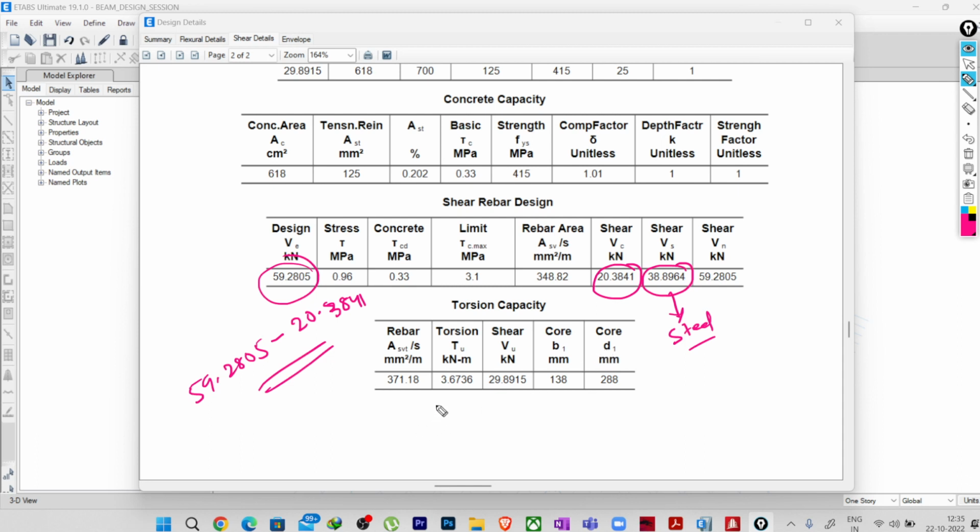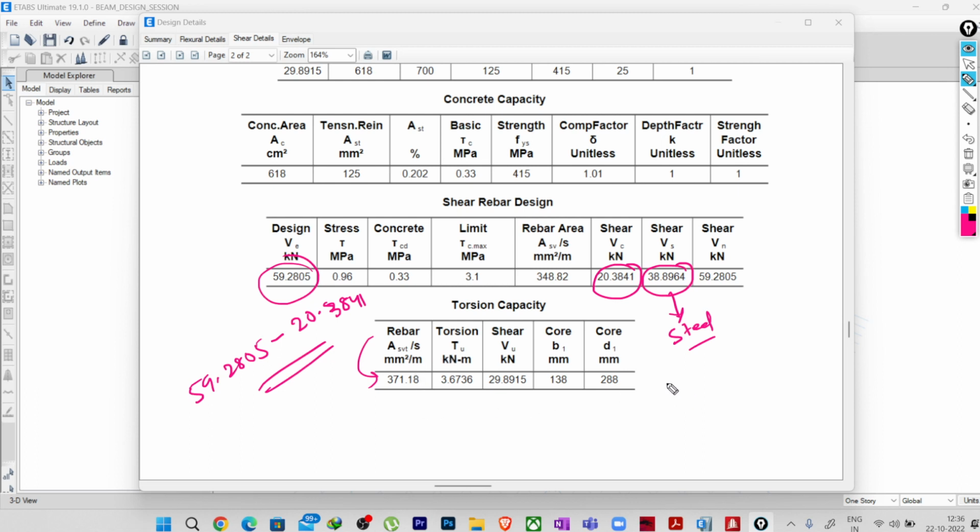Okay, so how is the shear reinforcement found out here? The shear reinforcement is given in terms of Asv by Sv, so mm square per meter. How is it given?